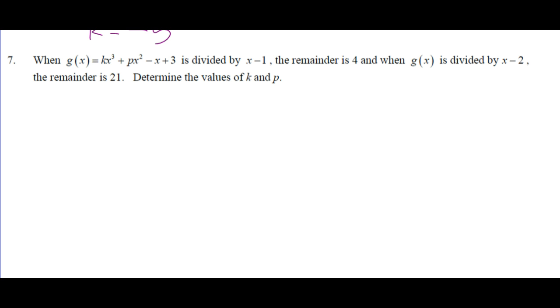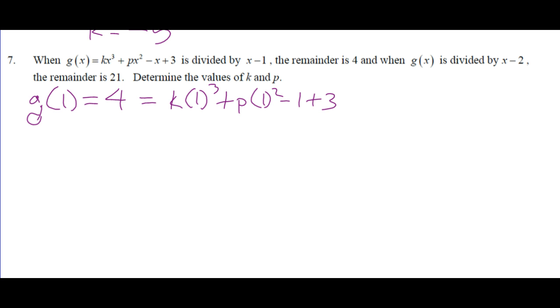When g of x is divided by x minus 1, the remainder is 4, so what do I know? g of 1 is equal to 4, and g of 1 is k times 1 cubed, etc. So what do we get?